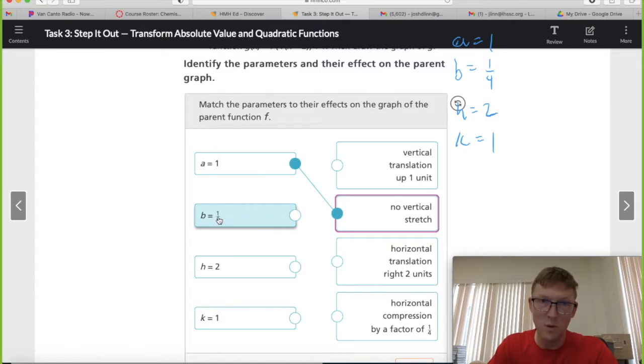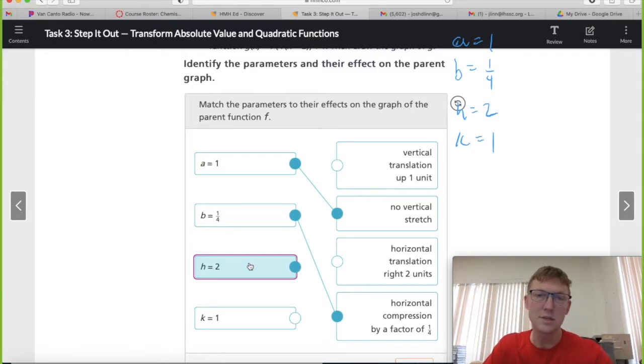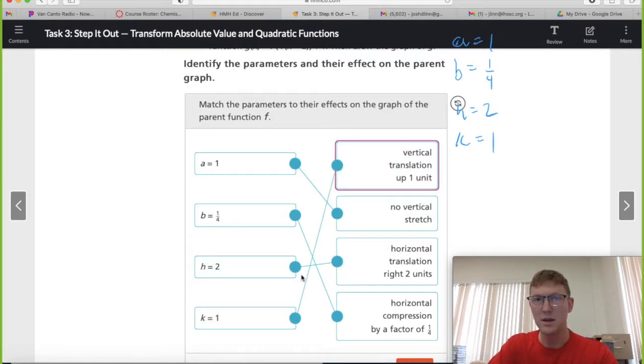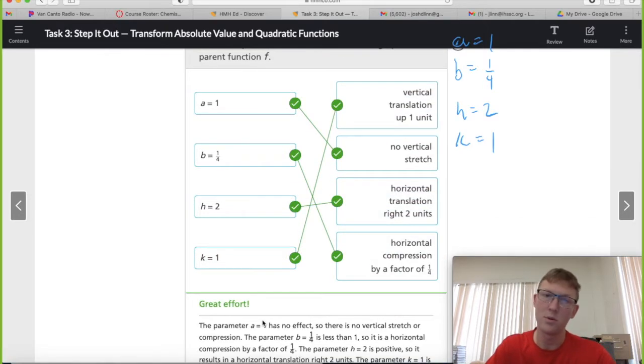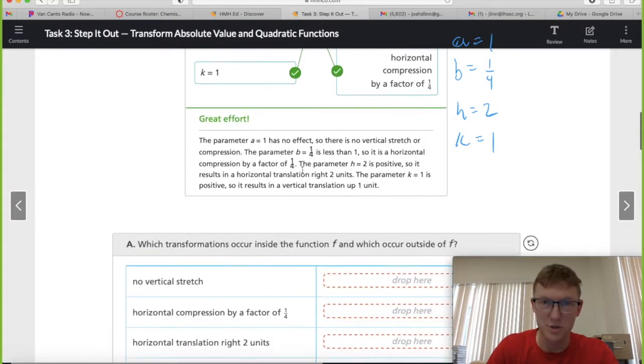It is less than 1, so it's going to be squished a little bit: a horizontal compression by a factor of 1/4. The h is inside of the function, so it's a horizontal translation, and it is positive, so it's going to go to the right 2 units. And then k is a vertical translation up 1 unit. Yay. There was much rejoicing.